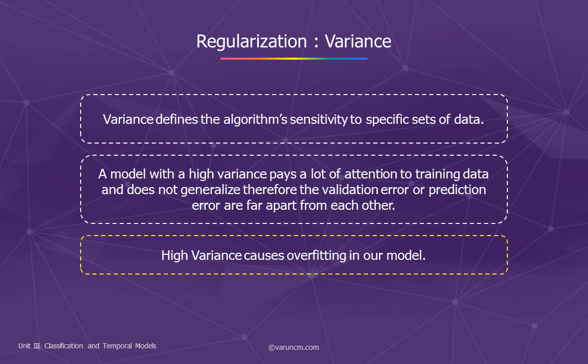So this may cause overfitting. As it pays a lot of attention to the training data, it is going to learn again and again, in more depth, so it may cause overfitting. So the bias will cause underfitting and the variance will cause overfitting.